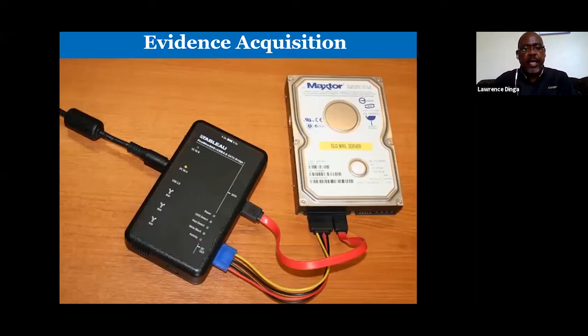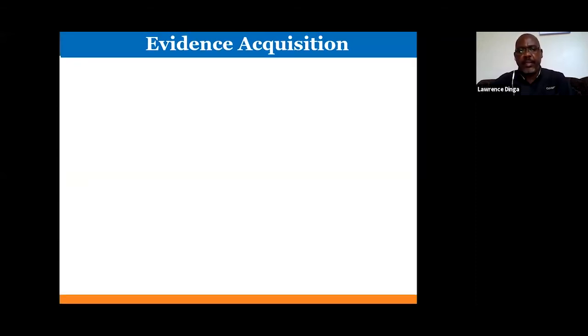It is making sure that you don't write anything unnecessary on the hard disk. So that is what we call a write protector. They can be hardware write protectors, or they can be software write protectors, depending on the tool that you're using to do your forensic analysis.